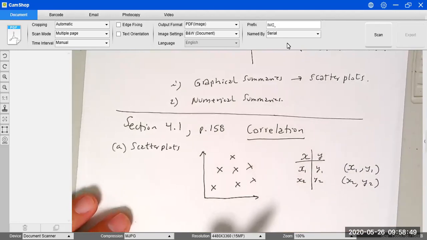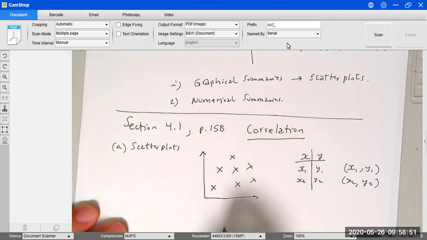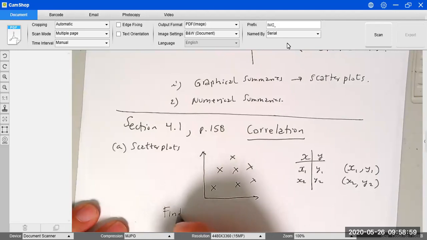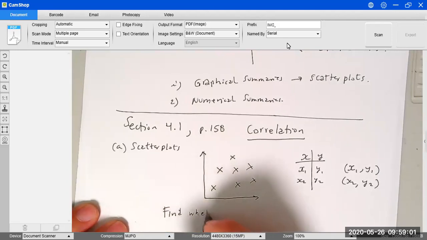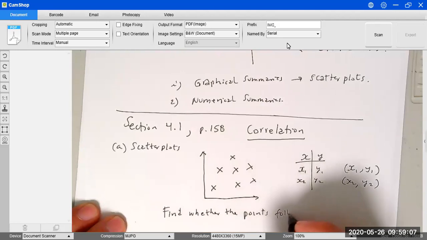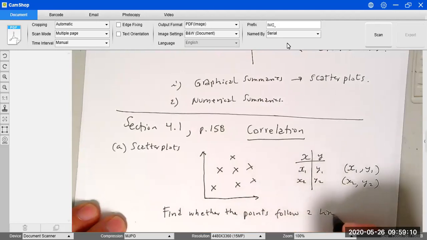So this is going to be our scatter plot, and the purpose of doing this is that we are trying to find whether the points follow a linear pattern.